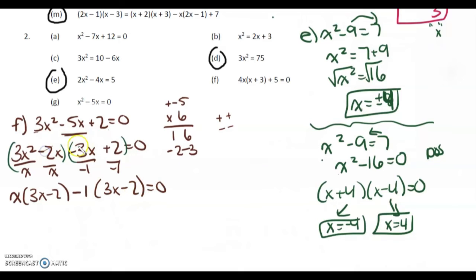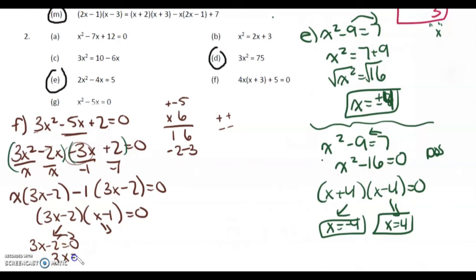Okay, if this leading coefficient is negative, you have to pull out the negative. Okay, so when we branch these two off, we get 3x minus 2 equals 0. Bring that over, 3x equals 2, and then divide that out. This one we can just bring it over or flip the sign. So we get x equals 2 over 3 and x equals 1.